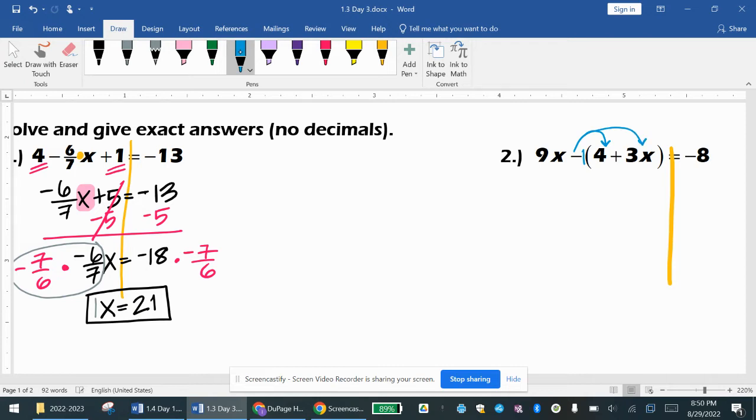Now remember, when you're distributing, you are multiplying. So the 9x comes down. You have -1 times 4, -4, and -1 times 3x, which is -3x. Once that 3x is outside of the parentheses, you can go ahead and combine it with the 9x. So you're going to do 9x minus 3x.